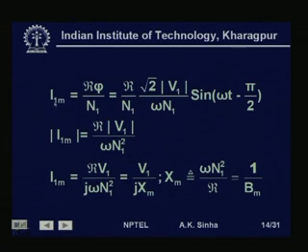Therefore, we can write I1m is equal to R into phi divided by N1, which is equal to R by N1 into phi. Phi, as we have seen earlier, can be represented by root 2 V1 by omega N1 sin(omega t minus pi by 2). Therefore, the magnitude value of I1m will be equal to R into V1 by omega N1 square.